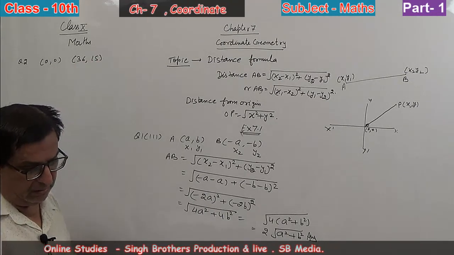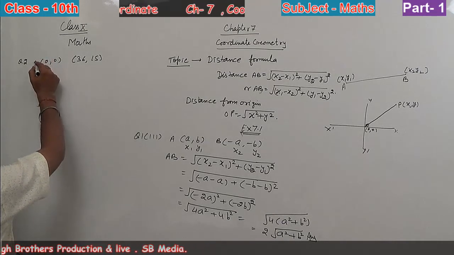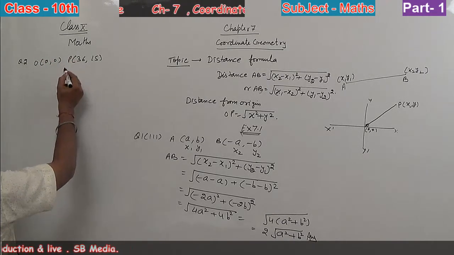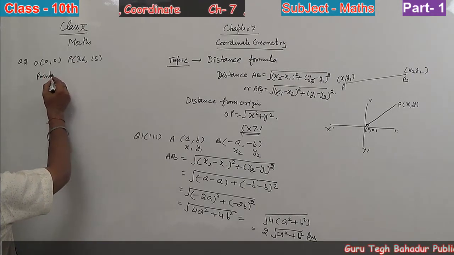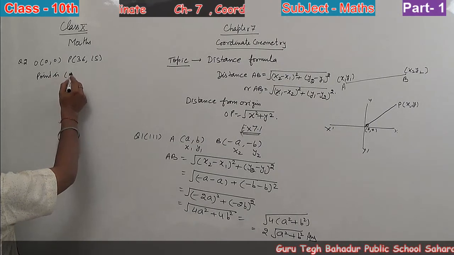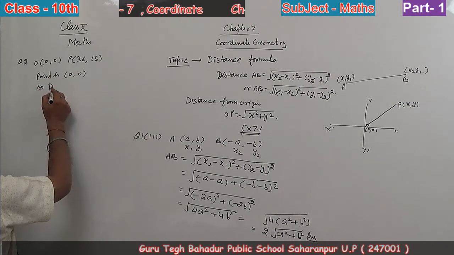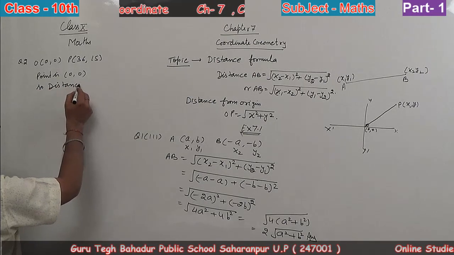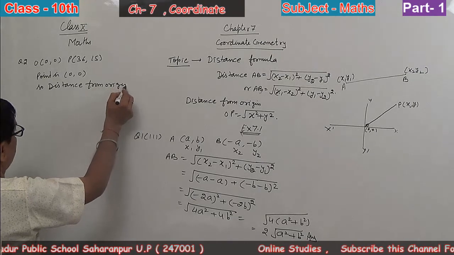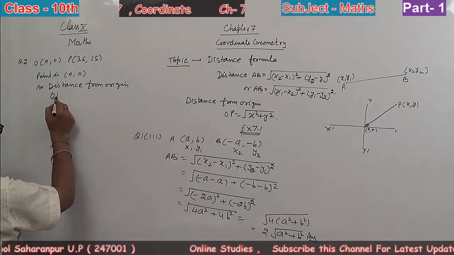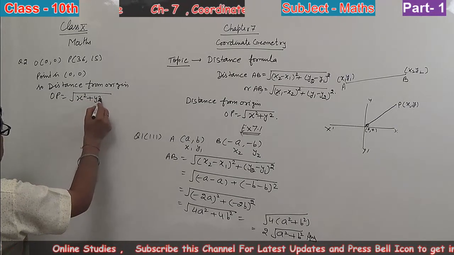Since one point is 0, 0, this is the origin, and this is any point P. So distance from origin is taken as OP equal to the square root of x square plus y square.